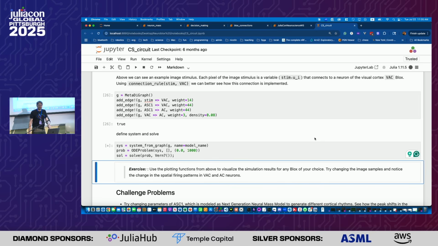So the challenge problem is to actually plot this. But it's pretty boring because we only show one picture, right? So let me actually go to the presentation of the reinforcement learning, and Mason, you're going to assist me because he built a lot of the system, so he knows a little bit more, but I'm going to present it and show you how to build a more complicated system.